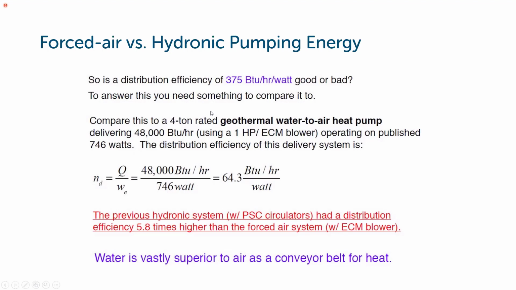So in this example, you're getting 48,000 BTUs of heat delivered with a 1 horsepower ECM rated motor that's consuming 746 watts of energy to move that 48,000 BTUs of heat throughout the building. So that gives you 64 BTUs per watt of energy consumption, compared to 375 BTUs per watt for the hydronic distribution. So you're getting a significantly higher amount of energy delivered to the building for what the actual distribution system's consuming to make that happen.